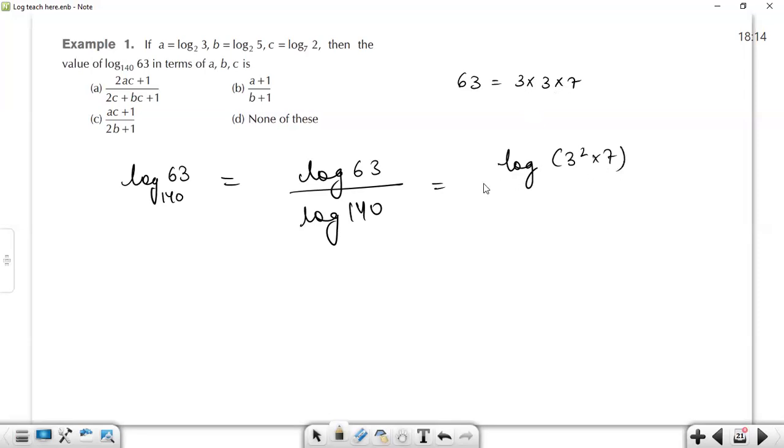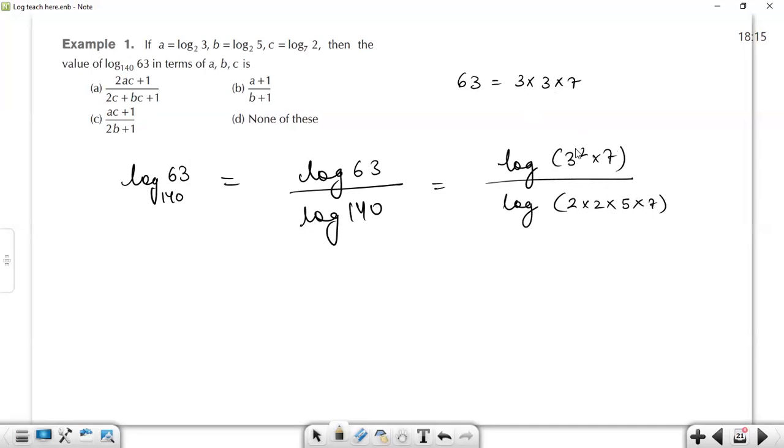We can write 63 like this, right? Yes, sir. What about 140? 4 into 5, 20, 20 into 7, 140. Correct? Yes, sir.